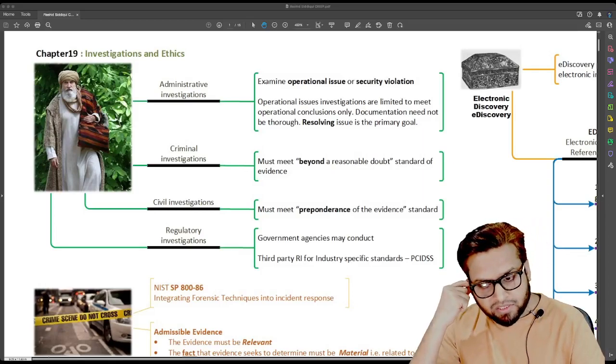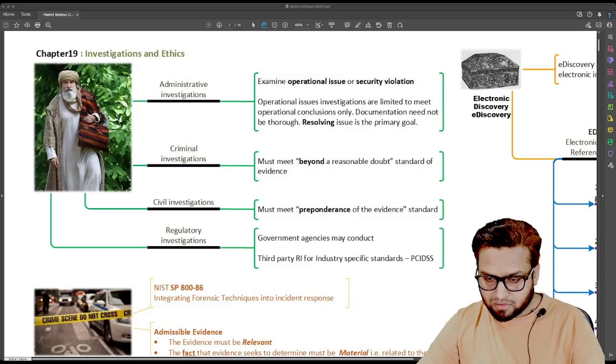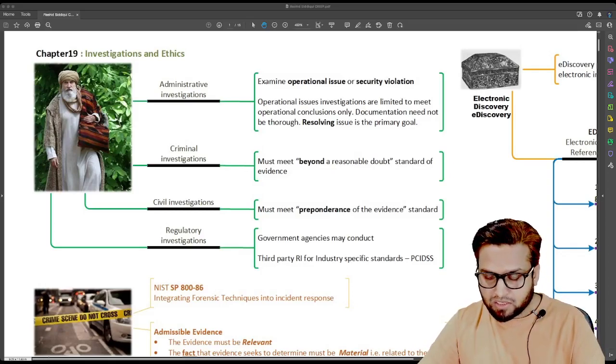Whereas regulatory investigations are basically initiated by government agencies. For example, the income tax department can come for a financial investigation, or if you are developing a power plant or putting up a manufacturing unit, then the government can do a regulatory investigation to check compliance with the environmental and ecological standards of the area. Those can be initiated by the government, but it's not a criminal investigation.